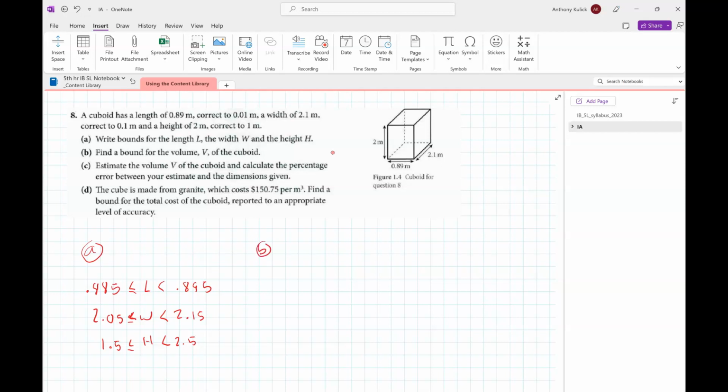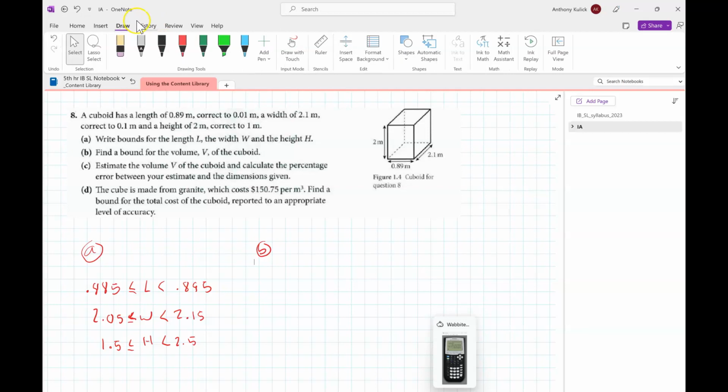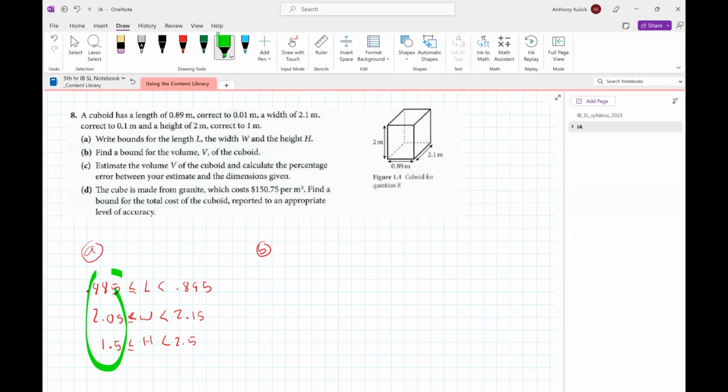B says write a bound for the volume of the cuboid. What I would probably do here is say the minimum volume would be if all of those are true, so I multiply those three smallest together. That's my minimum. Multiply the three largest together, that would be my maximum. That's what I think it would want us to do.